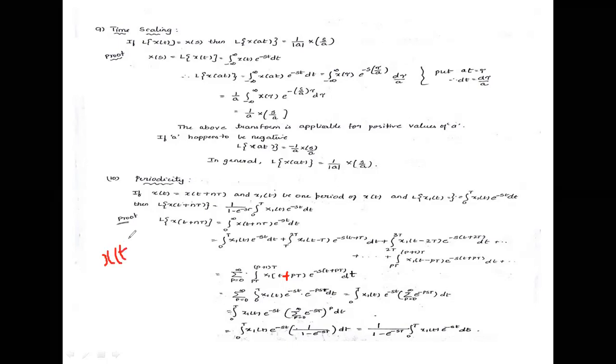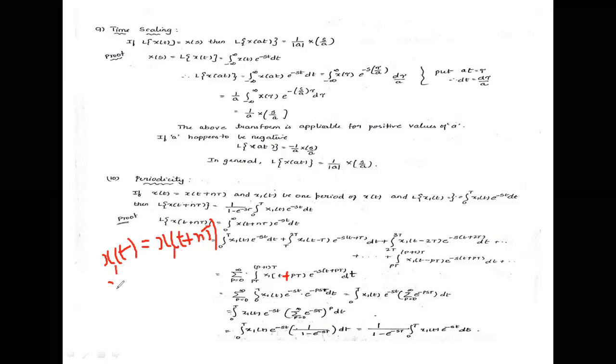Why am I replacing x of t plus pT with x1 of t? The condition is given here: it is a periodic signal. It is not the pT minus, my dear students, it is a plus. So x1 of t, because x of t is equal to x of t plus n into T. Now the variable is p here.